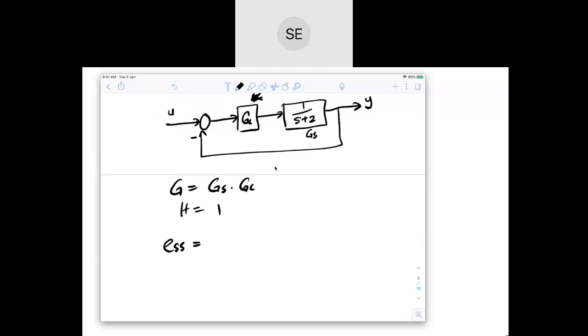My steady state error will become the limit as S goes to 0 of S multiplied by E(S).